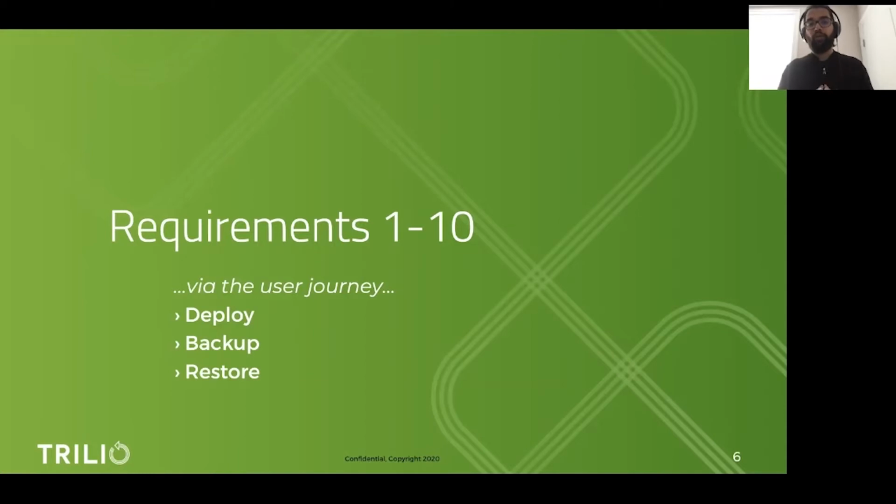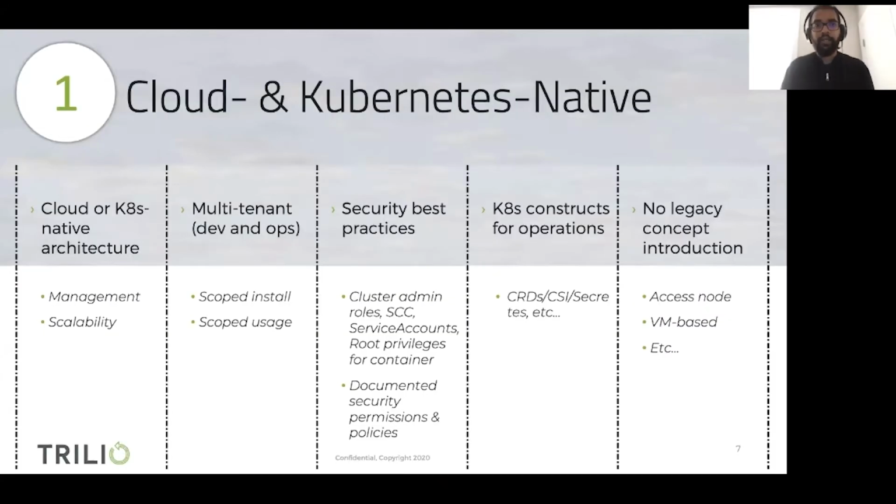Let's look at what we need in a solution that can support these requirements of a Kubernetes or cloud native aspect. And as mentioned before, we are going to go via a user journey talking about the deployment, backup, restore, all the different operations that a user will be carrying out working with such a technology. So at the very top, our first requirement is that the application has to be Kubernetes or cloud native.